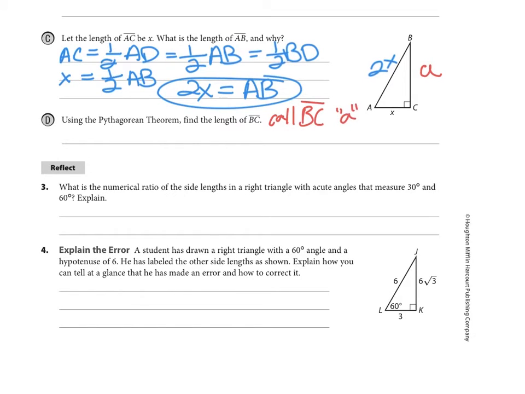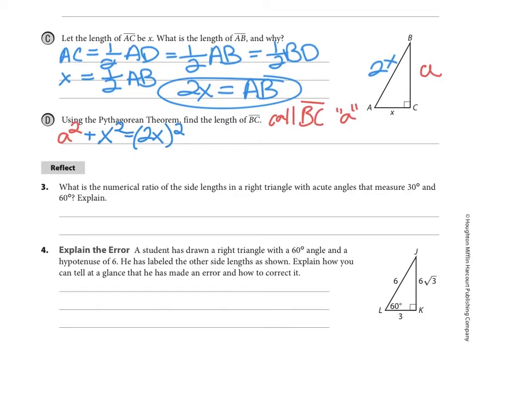Then if we use Pythagorean theorem, we could say that a squared plus the other leg, which happens to be x, all squared, would equal the hypotenuse, which is 2x, all squared.